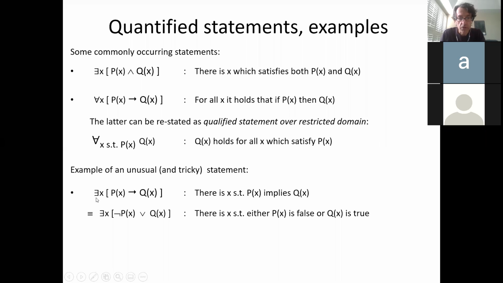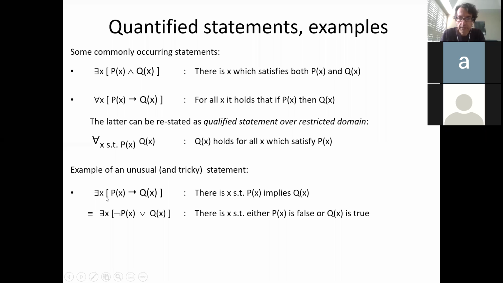So this says there exists an X for which the implication is true. Unlike this one, where I universally quantify the implication, here I existentially quantify it.